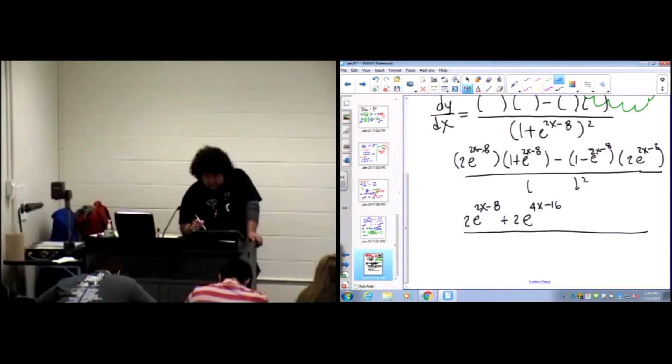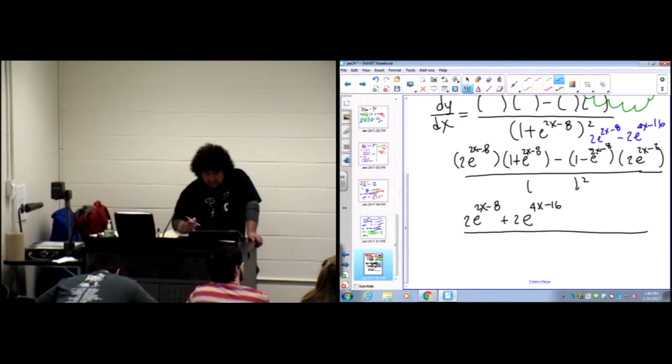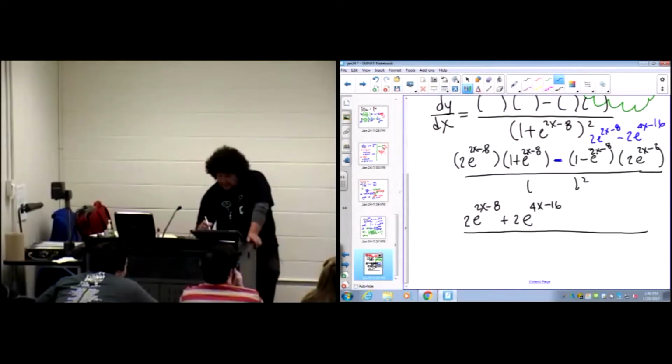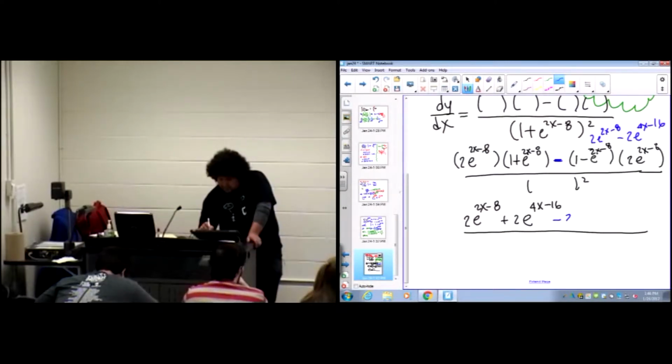But when we apply this negative sign right here, that's going to make the first one negative and the second one positive. So the first one becomes negative 2 e to the 2x minus 8, and the second one becomes positive 2 e to the 4x minus 16. And I keep indicating the denominator squared. I'm going to do that at the very end.